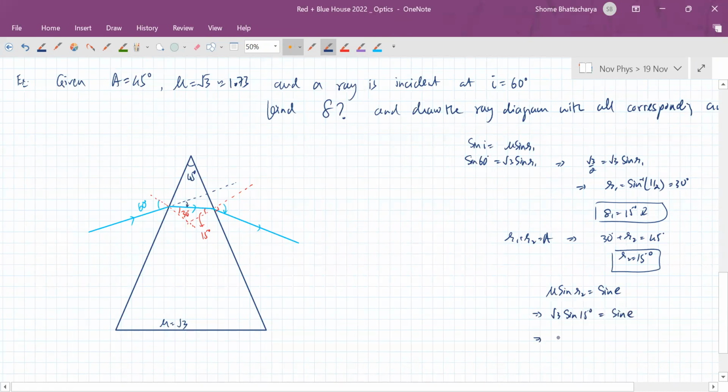So this is where I'll use a calculator. But you can always find sin 15 degrees also like this, always use this formula.